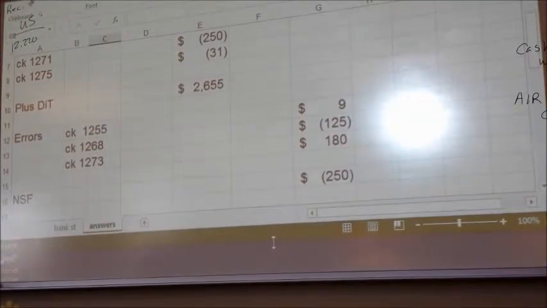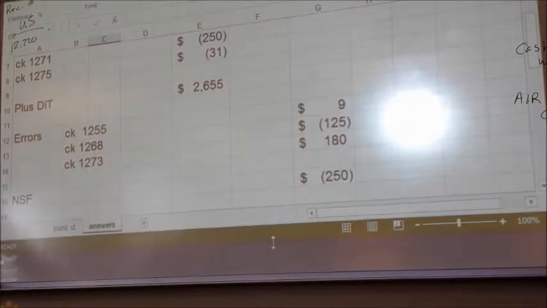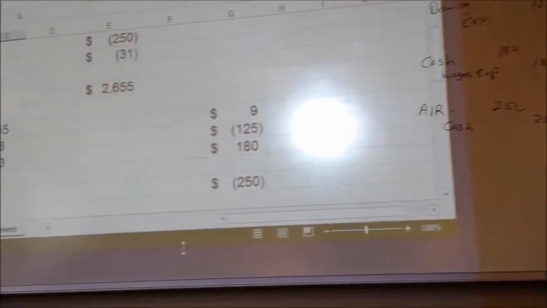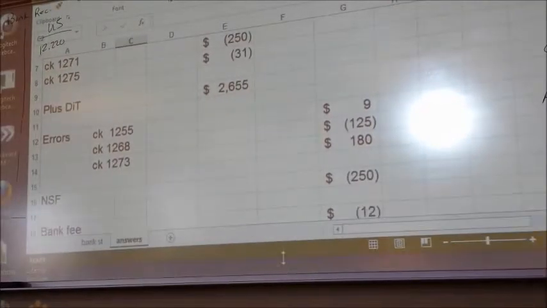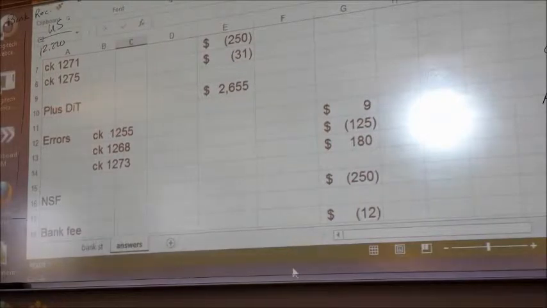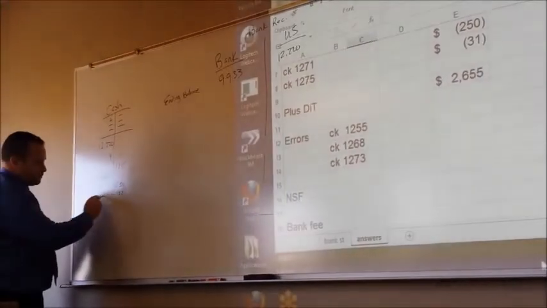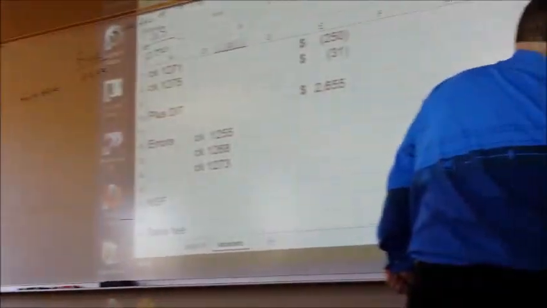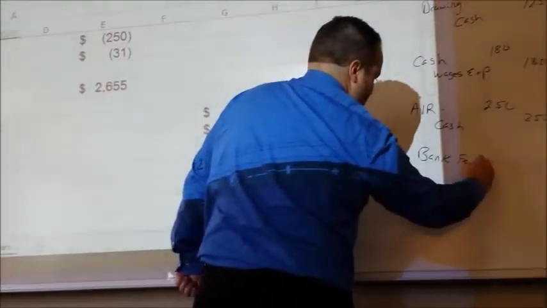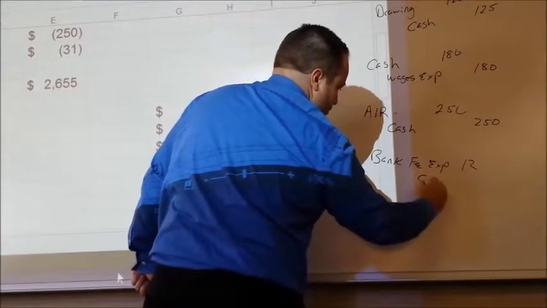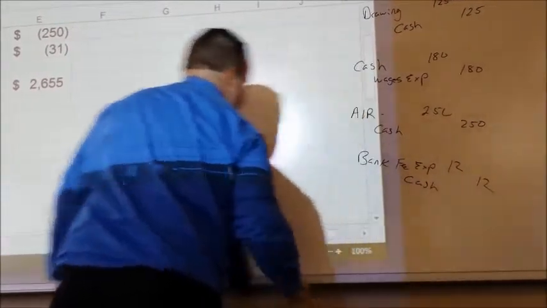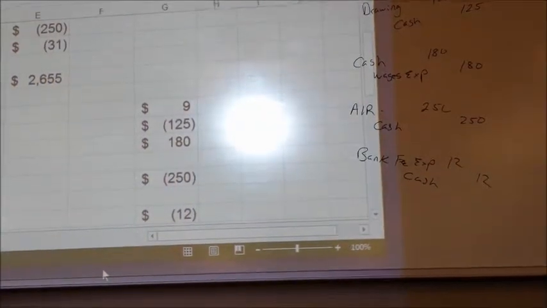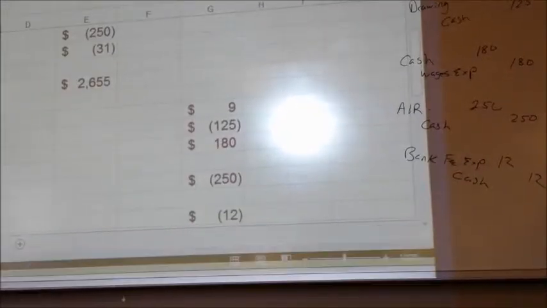And then the only thing left, I should have everything accounted for now, except that bank fee. I need to show that I lost $12 in bank fee expenses. Bank rec will finally balance.